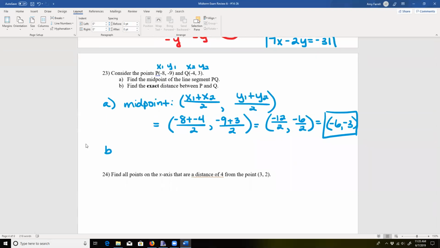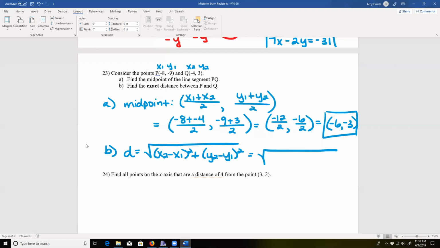Distance formula. So D equals the square root of x2 minus x1 quantity squared plus y2 minus y1 quantity squared. Again, we're just kind of plugging and chugging into the formula. So this one is going to be -4 minus -8 quantity squared plus 3 minus -9 quantity squared, all under that square root there.